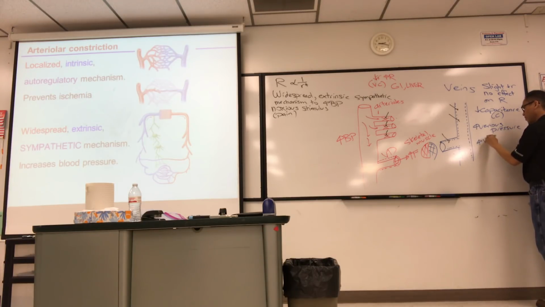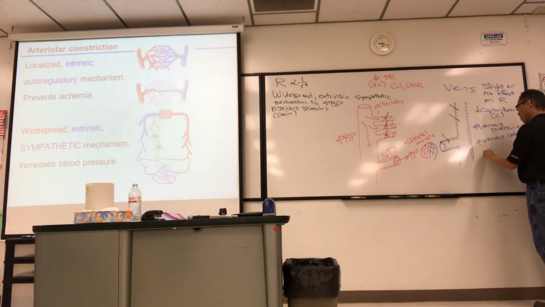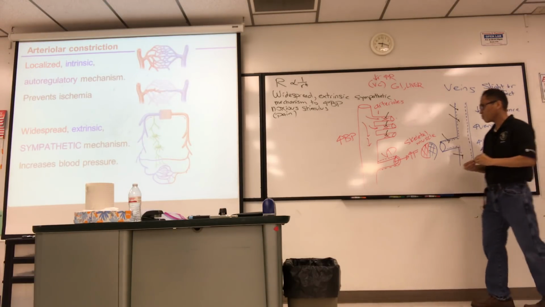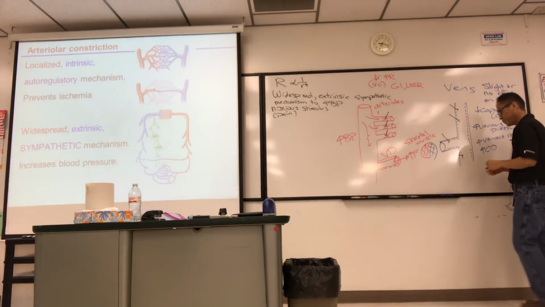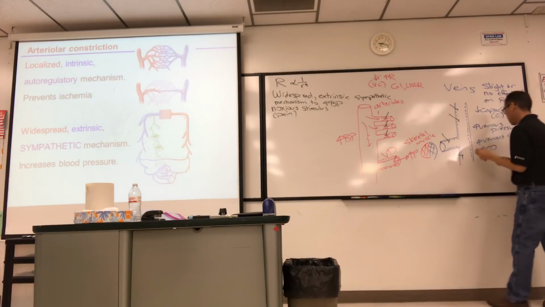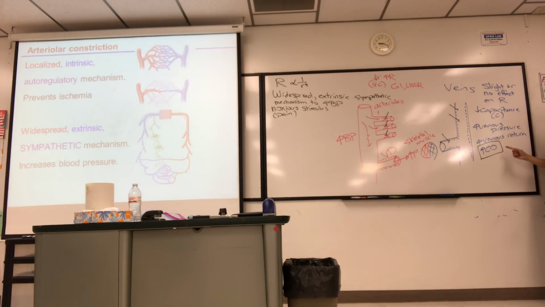Ultimately, you increase the venous return. And you know the more in, more out law, Frank-Starling law of the heart. That law says if you increase venous return, you increase cardiac output, right? And that's really the end result of what you want to do. You want to increase the cardiac output.